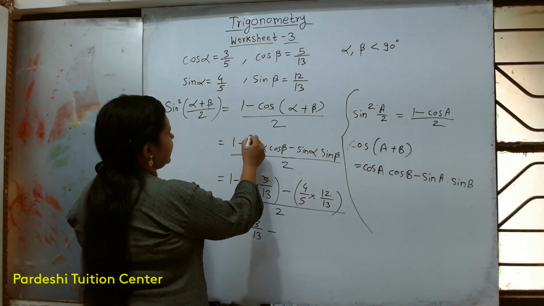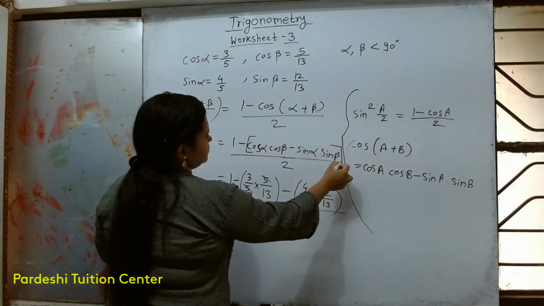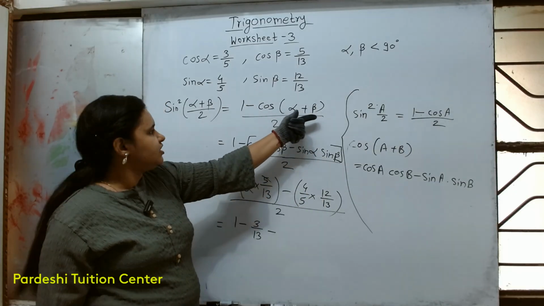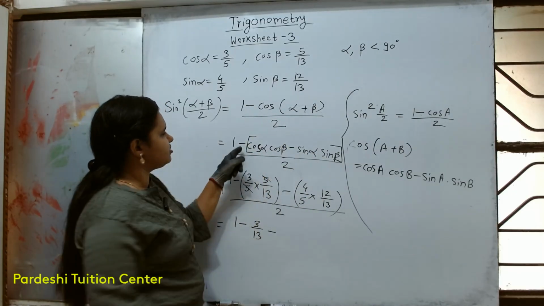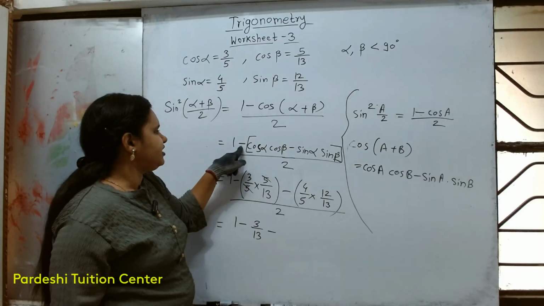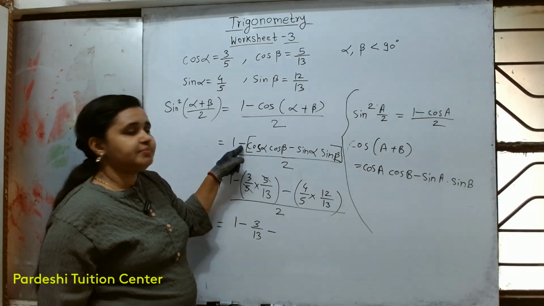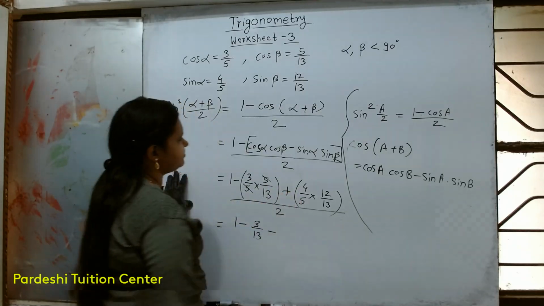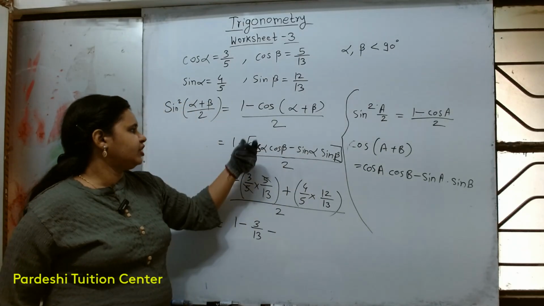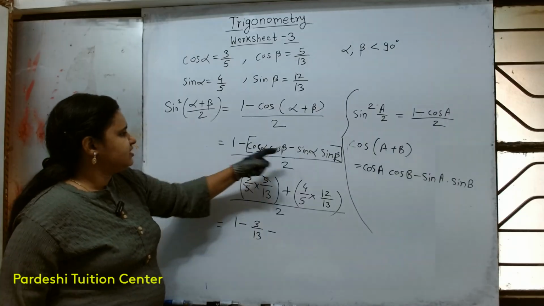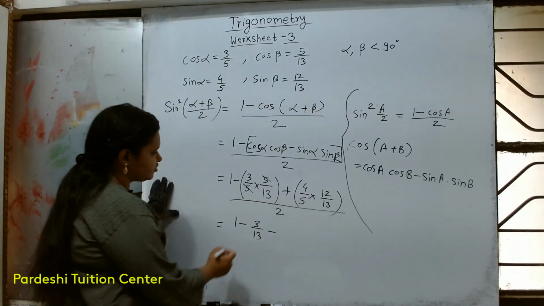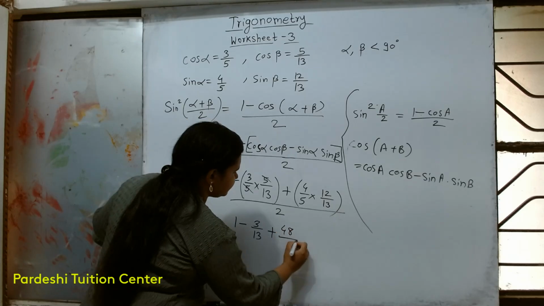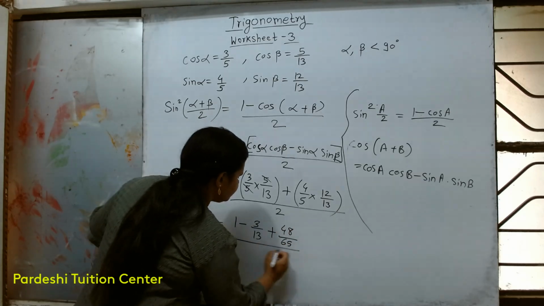Here it is a bracket, this is one term only. We have just expanded this cos of alpha plus beta, so it is in brackets because here it is minus. If I multiply minus inside the bracket, it will be minus and here it will be plus. This is one term, so we have put it in the bracket. So minus and minus will get plus: 1 minus 3 by 13 plus 48 by 65, again upon 2.